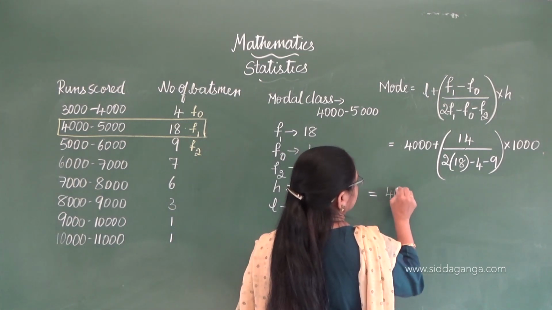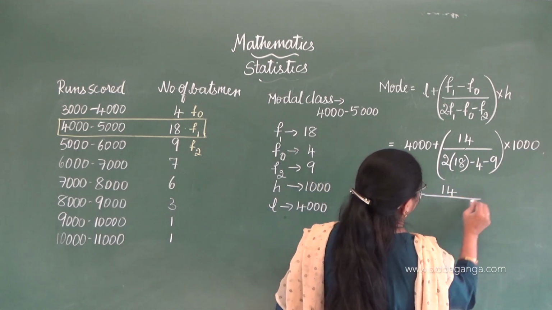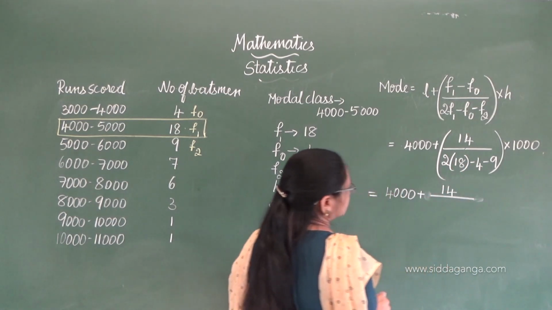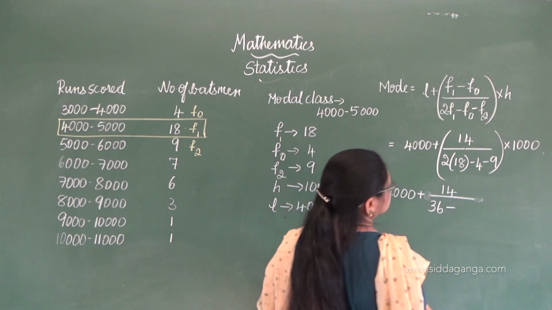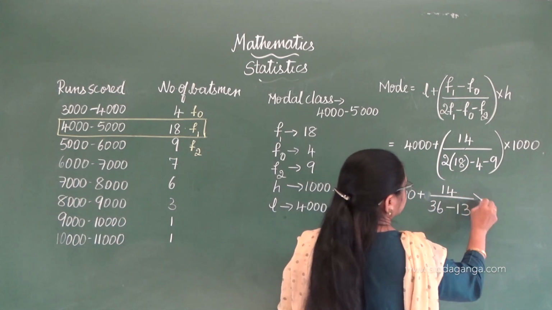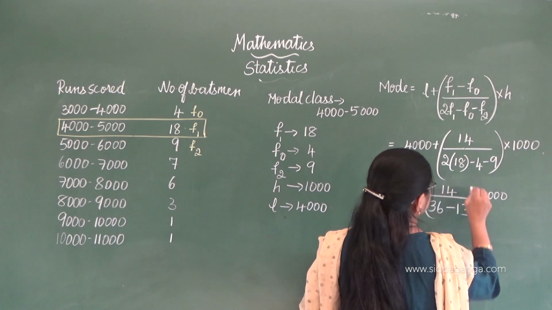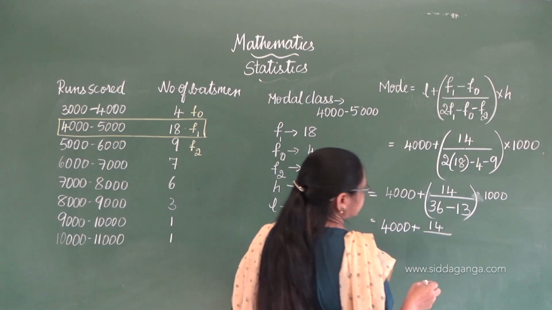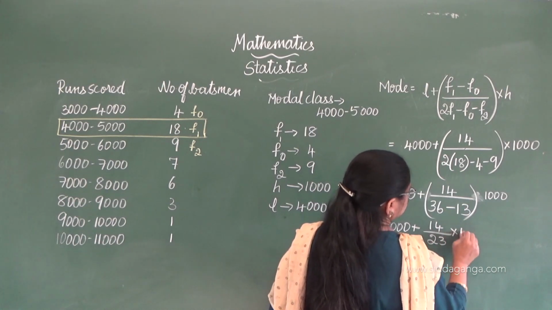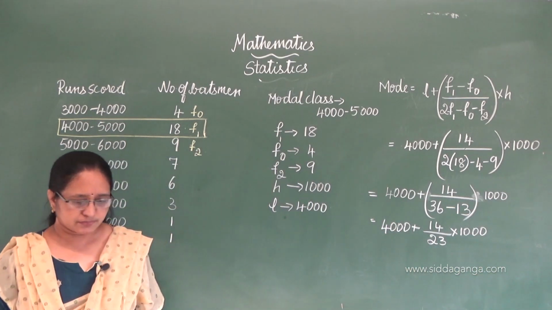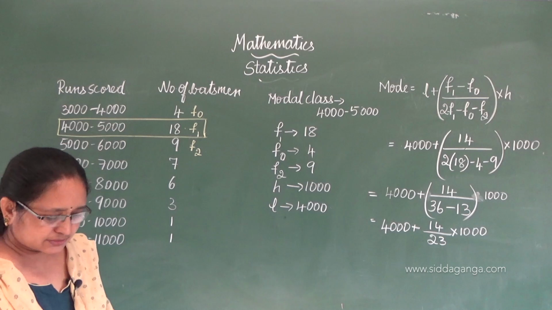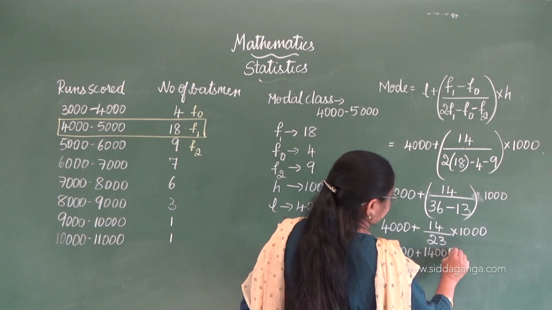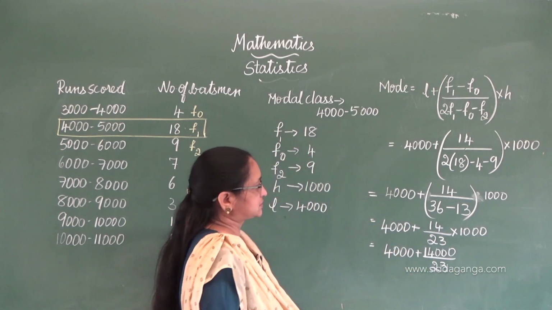So 4000 plus 14,000 by 23. Now let us divide this.